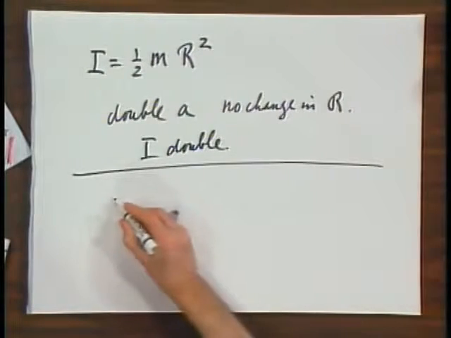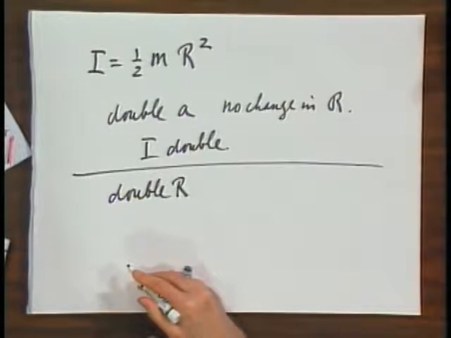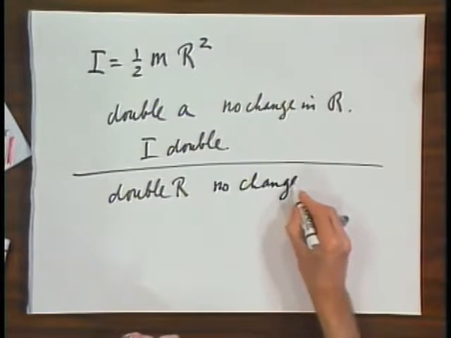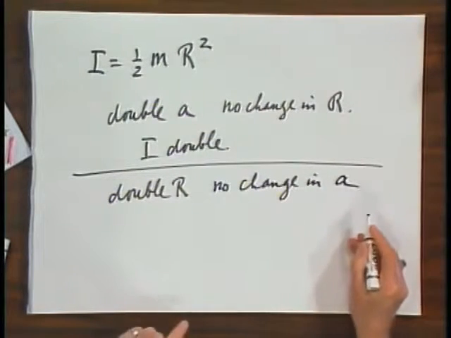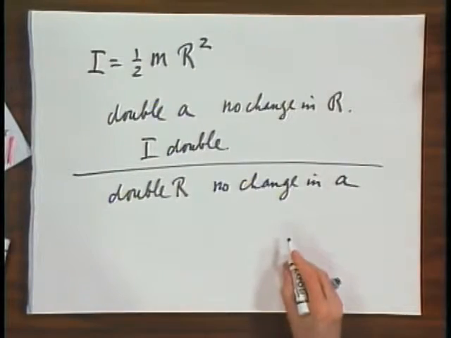Let's now take a situation whereby we double the radius R, but there is no change in a. So the disk thickness remains the same. What now happens with the moment of inertia? You have to be careful now. There are two terms. There is a mass term m, and there is R squared.